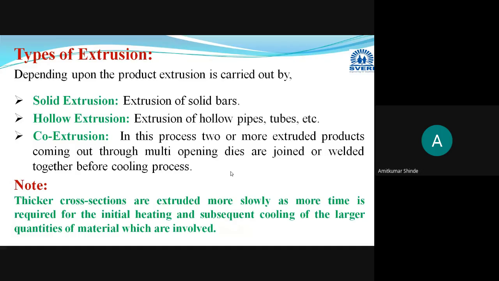I will explain it again: we provide multiple die openings and get different extruded products, and those products are joined together before actual cooling. That will be termed as co-extrusion.